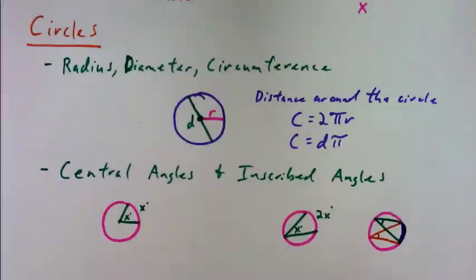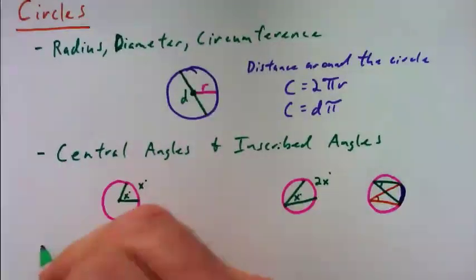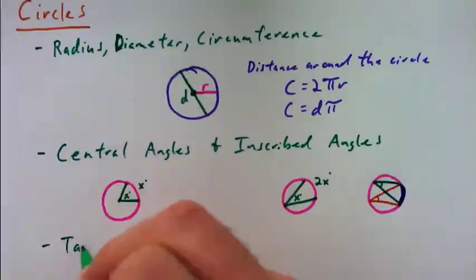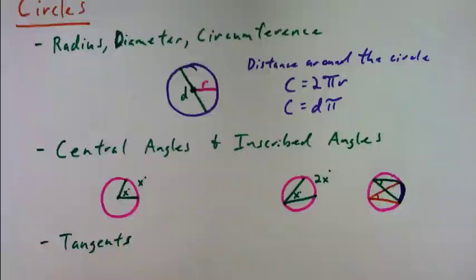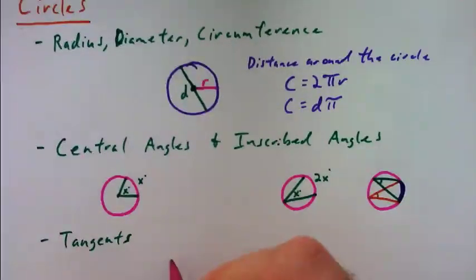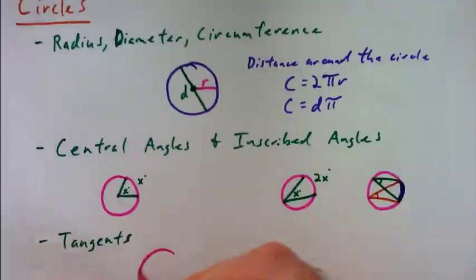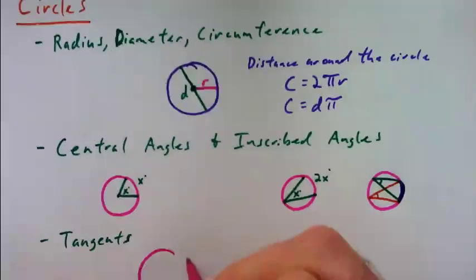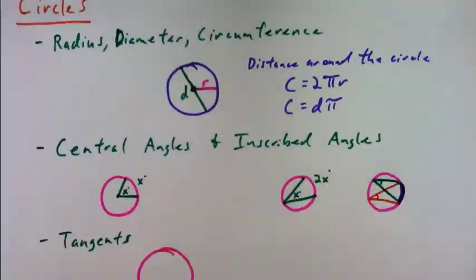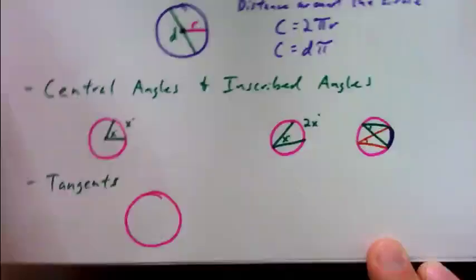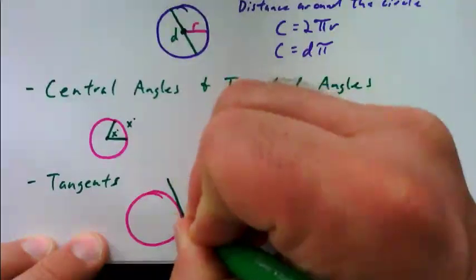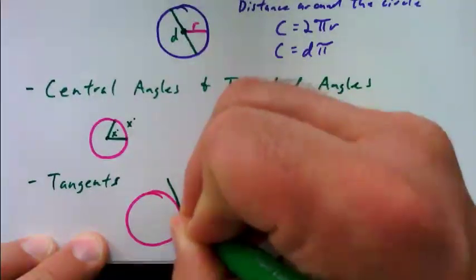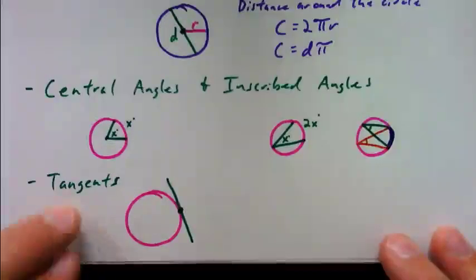All right, last topic, last idea. Tangents. Now, there's a lot of properties involved in tangents. There's only one that I'm going to talk about today. So again, when we have a circle, a tangent is a line that intersects a circle in exactly one spot.